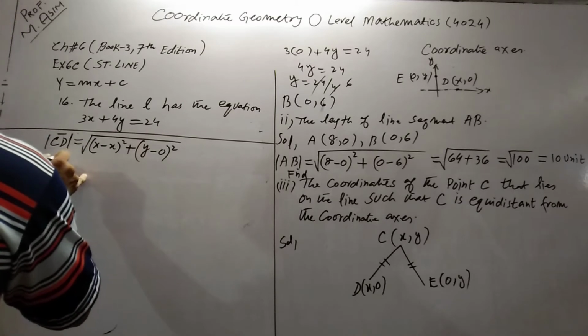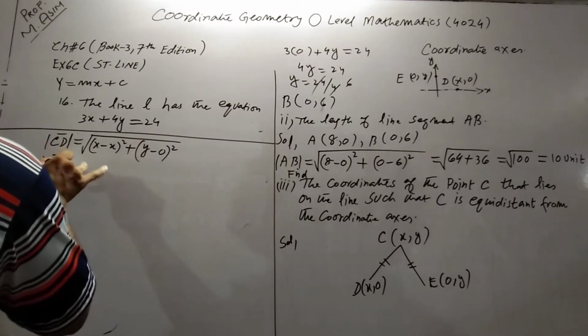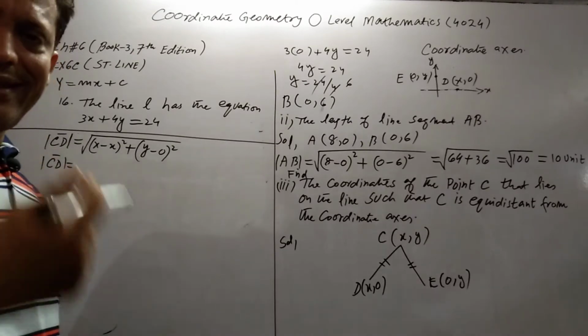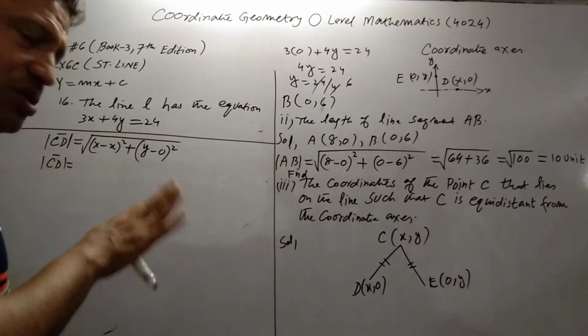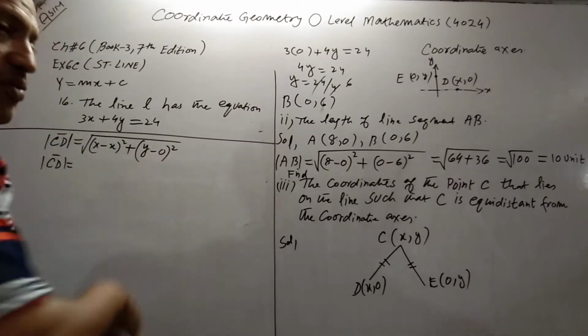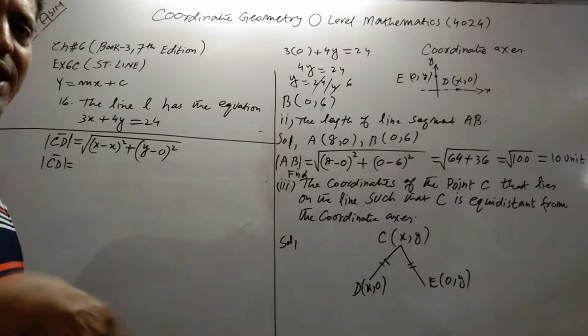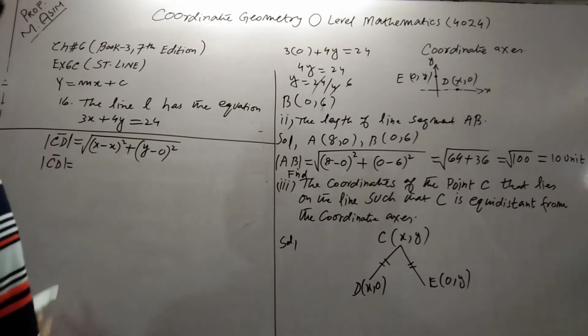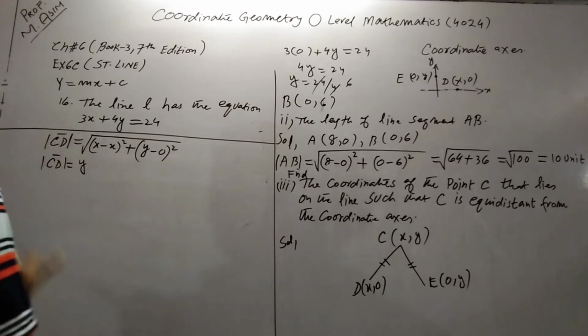So x minus x is 0, and 0 square is 0, so this vanishes. Y minus 0 is y, and y square is y square, and this square cancels this root. So the only answer of CD is y.